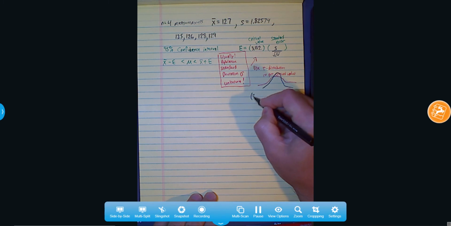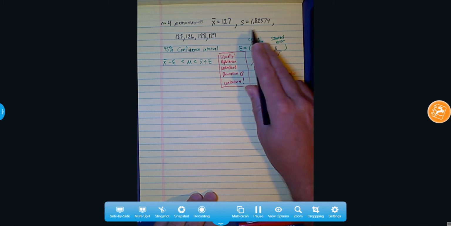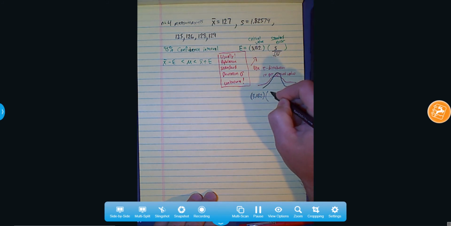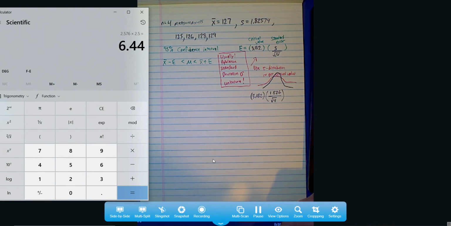So let's see what that would be. 3.182 times, I'm just going to round this to 1.8, 26 over the square root of 4, which is 2. So let's take our calculator out and figure out what that margin of error is.